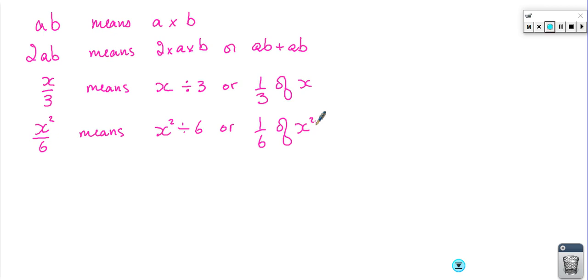Now, when it comes to brackets, for example, I have 2A all squared.